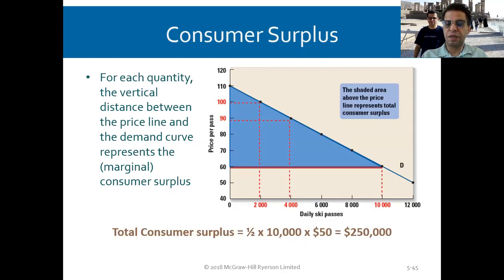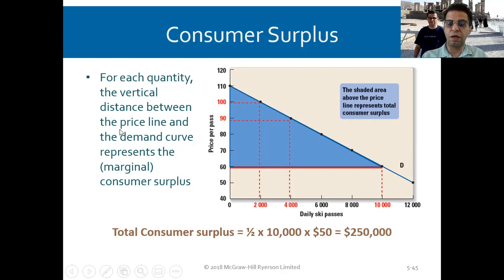In the graph, the shaded area above the price line represents consumer surplus, because you're buying at a price of 60, yet you're willing to pay a price of 70, 80, but you're buying all this quantity at 60. So this area is what you call consumer surplus. For each quantity, the vertical distance between the price line and the demand curve represents the marginal consumer surplus.